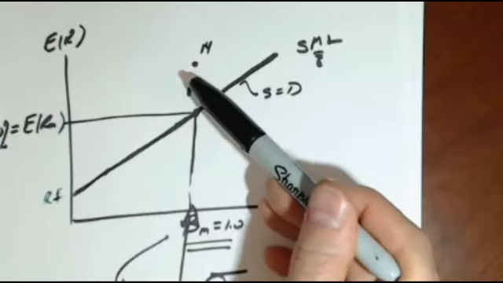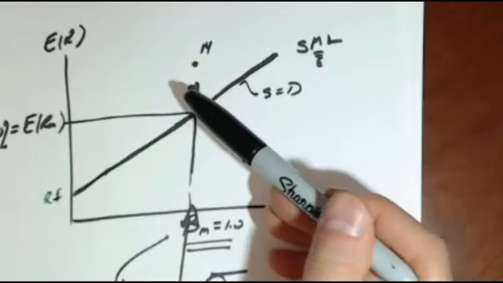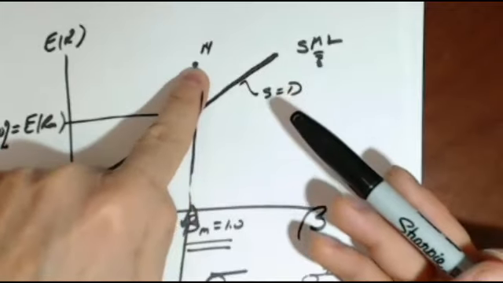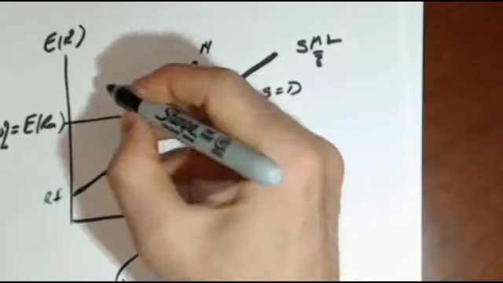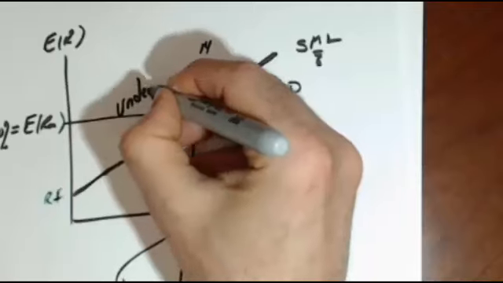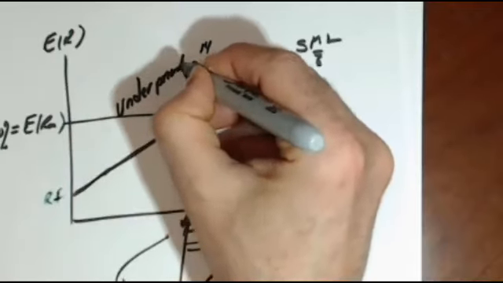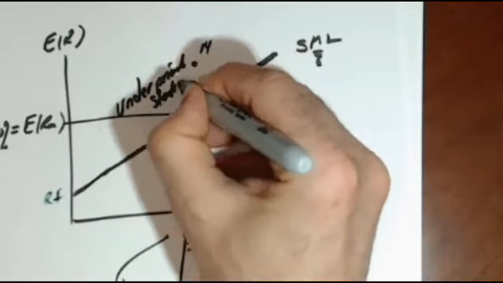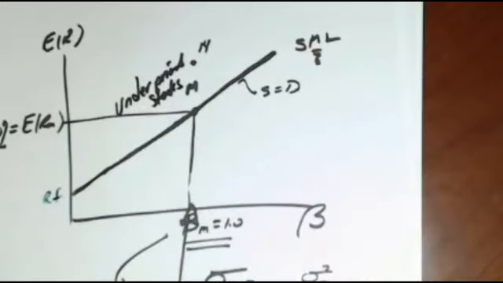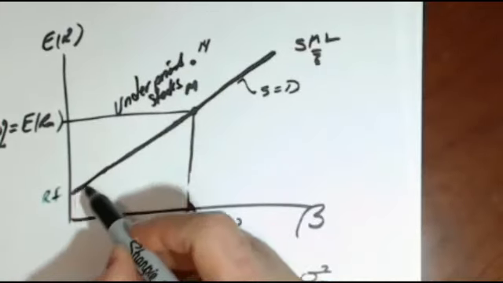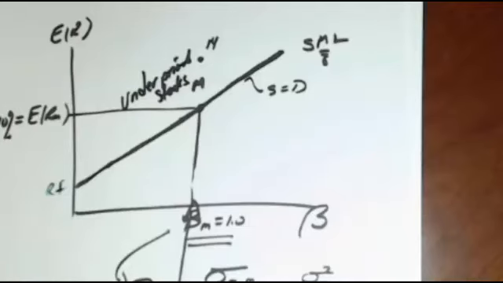The price is low, and when the price is low, the expected return is high. So when you're above the line, you're looking at underpriced stocks.